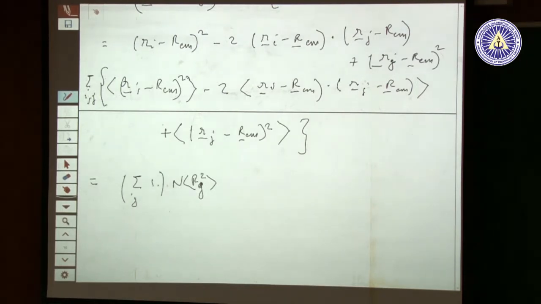And then if we take the second one, this would be 2 times sigma i average of Ri minus Rcm dotted with, because Ri and Rj are not correlated, right, I can take their averages separately, sigma j Rj minus Rcm.